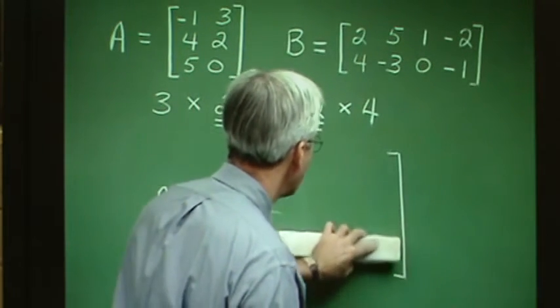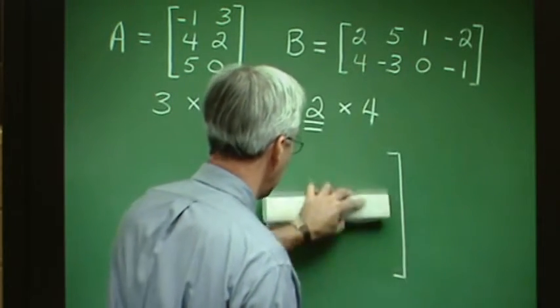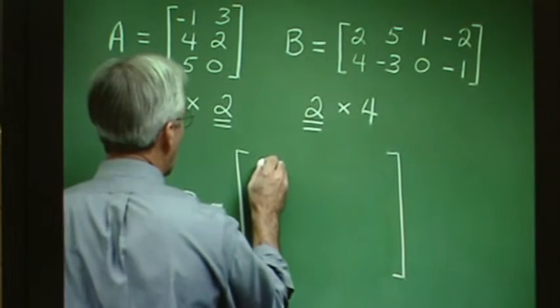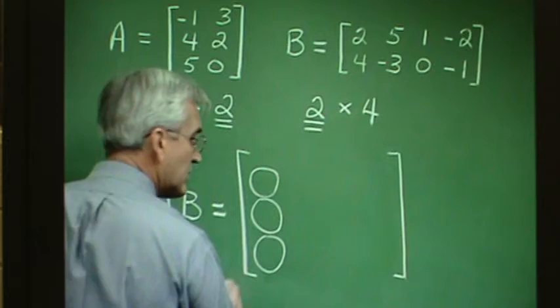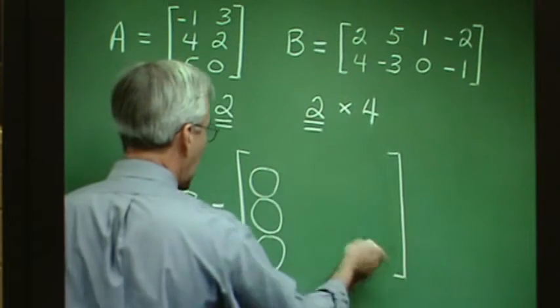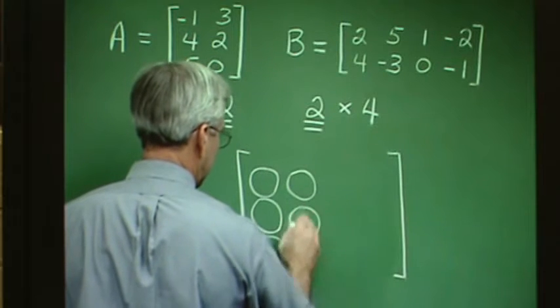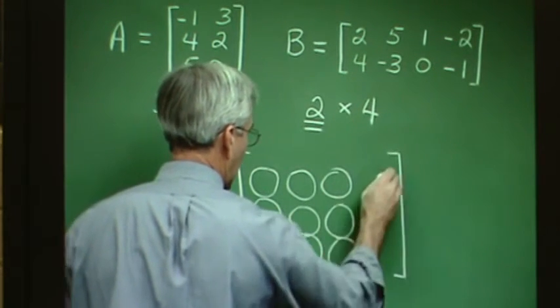I'm going to just put some circles in here to designate the different entry possibilities in this answer matrix. So we'll have entries in these positions, and now we have 4 columns: 1, 2, 3, 4.